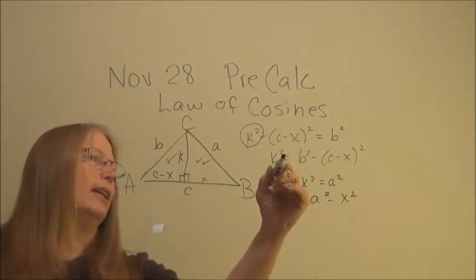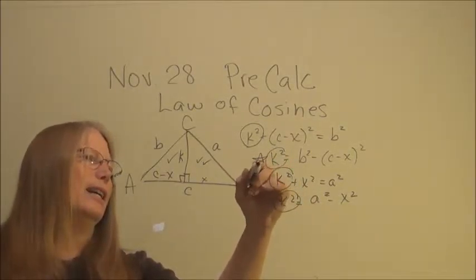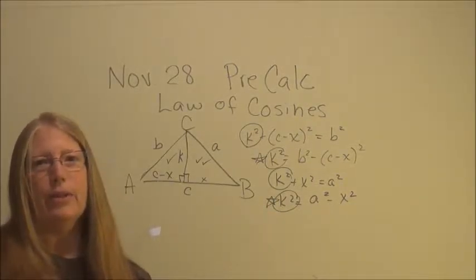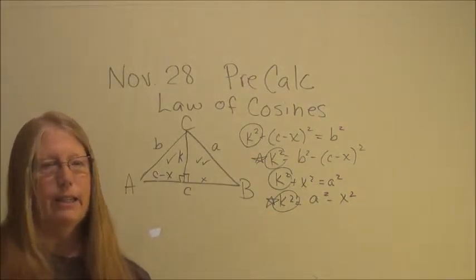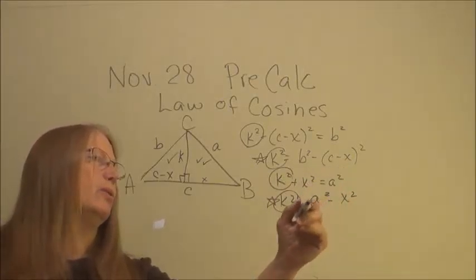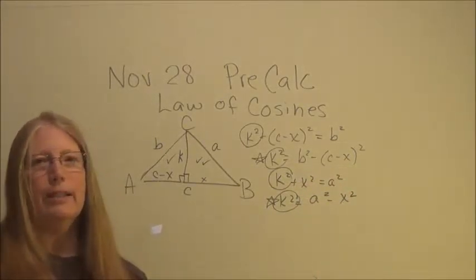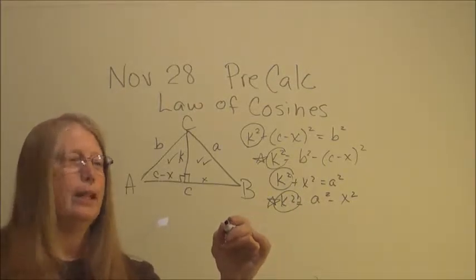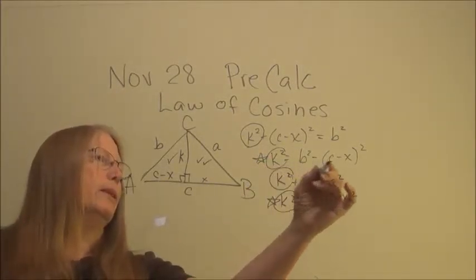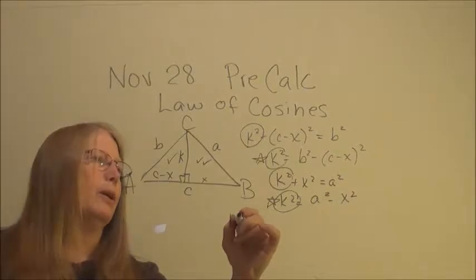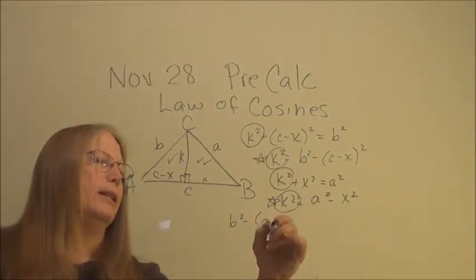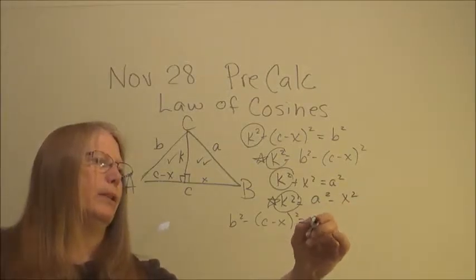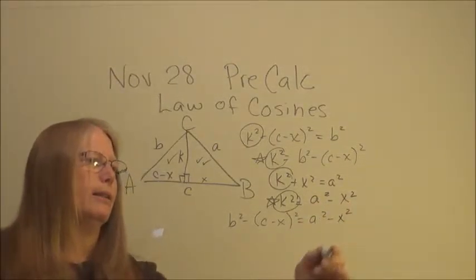Both of them tell me that k squared is equal to an algebraic expression. So I'm going to set those two algebraic expressions equal, because they both equal k squared: b squared minus c minus x quantity squared, and a squared minus x squared.